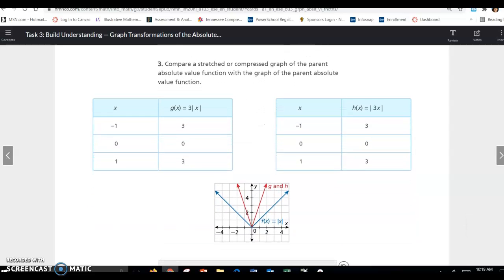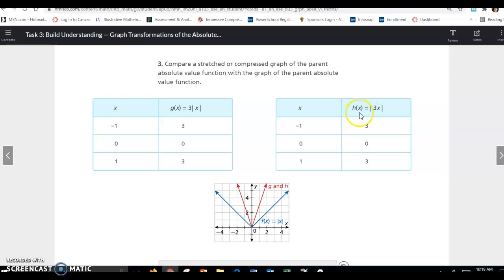It says compare a stretched and compressed graph of the parent absolute value function with the graph of the parent absolute value function. If you look at g of x equals 3 times the absolute value of x, if you plug in these values, these are your output, these are your y values.